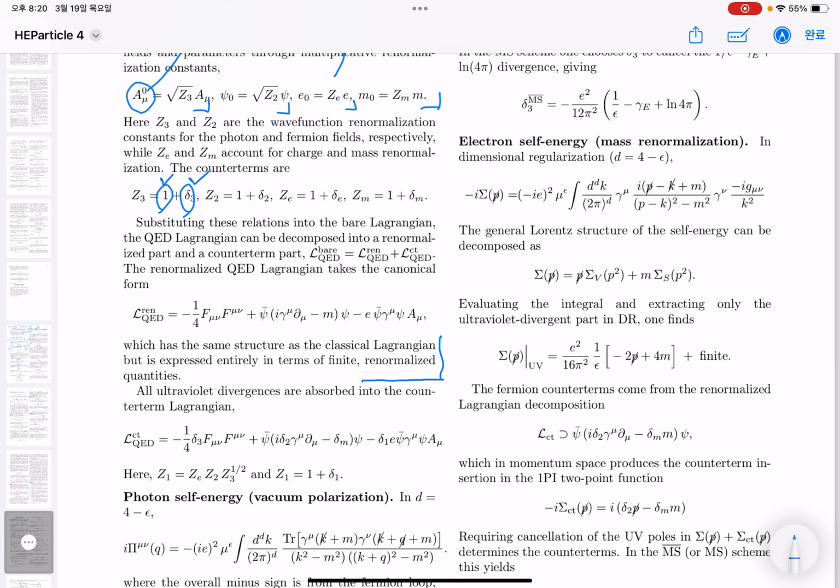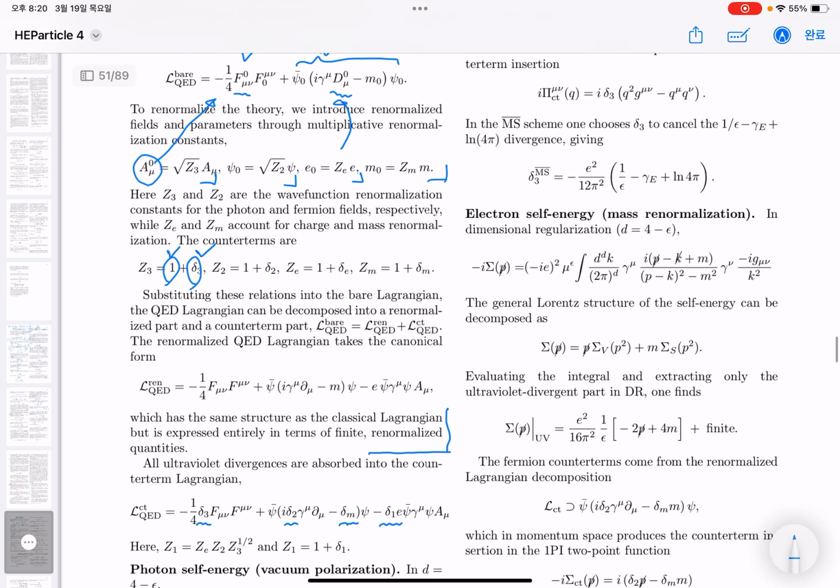Now there are counterterms delta 3, delta 2, delta m, delta 1, and here the covariant derivative, which includes the gauge interaction term, the combination of Z_e and Z2 from the spinor field and Z3 coming from the gauge field gives the counterterm delta 1.